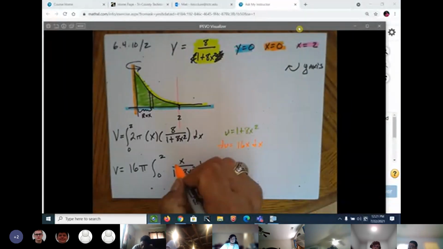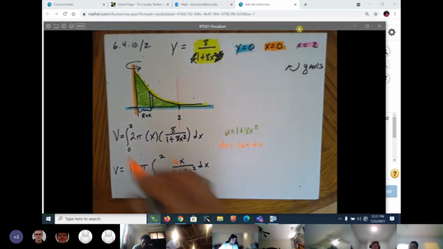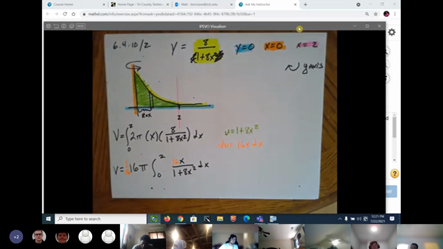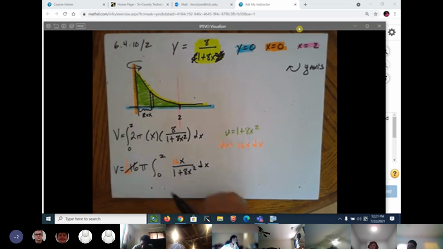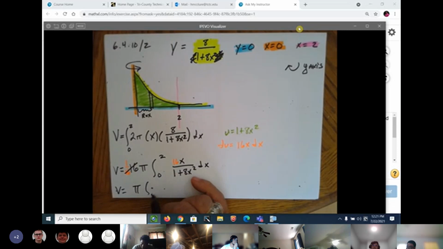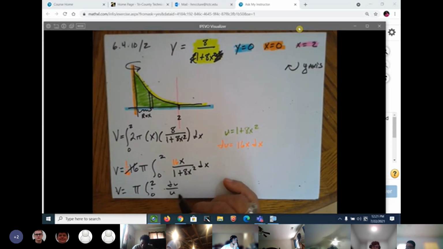So we need a 16 here and a 1/16 here. And now we have, well, that goes out, and that's du over u. So V is equal to pi, 0 to 2 of du over u.